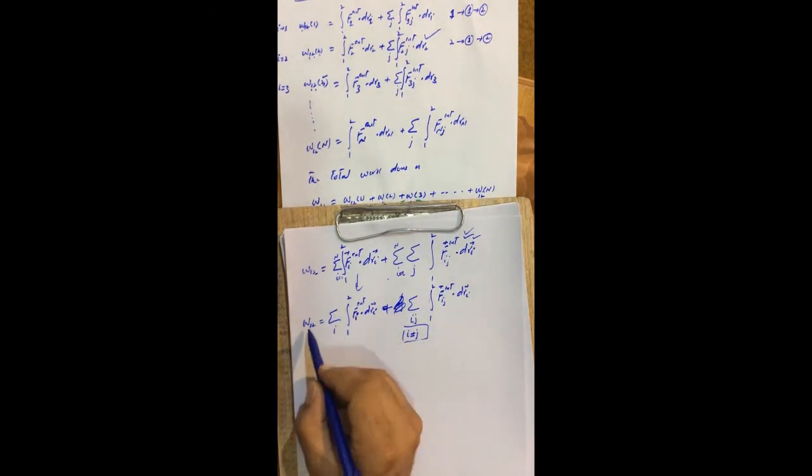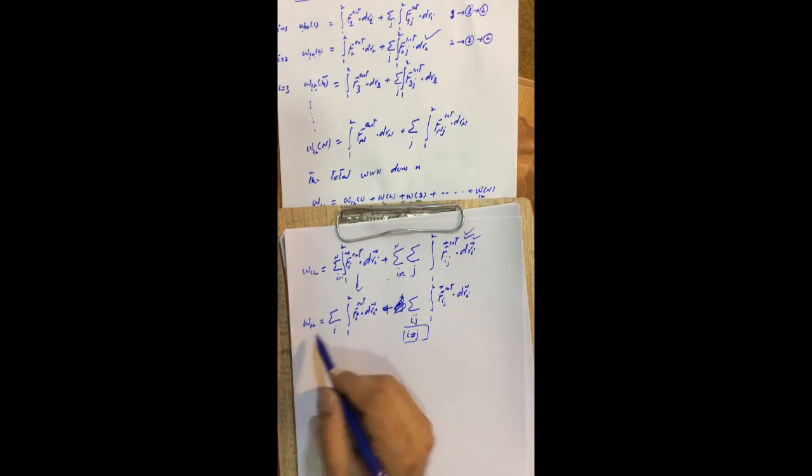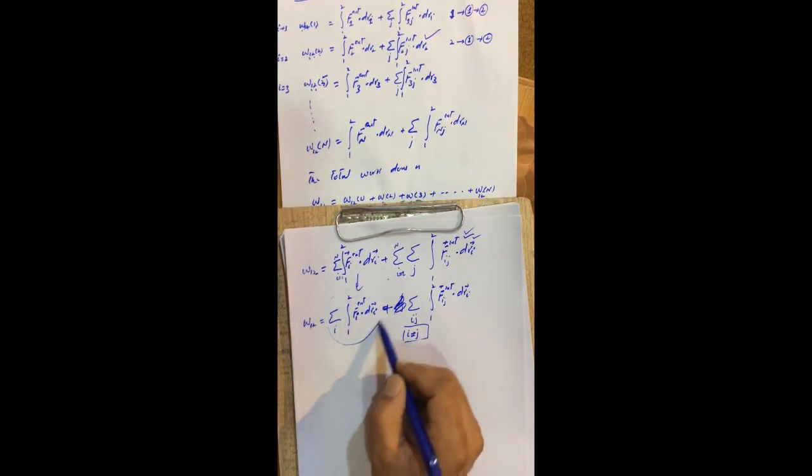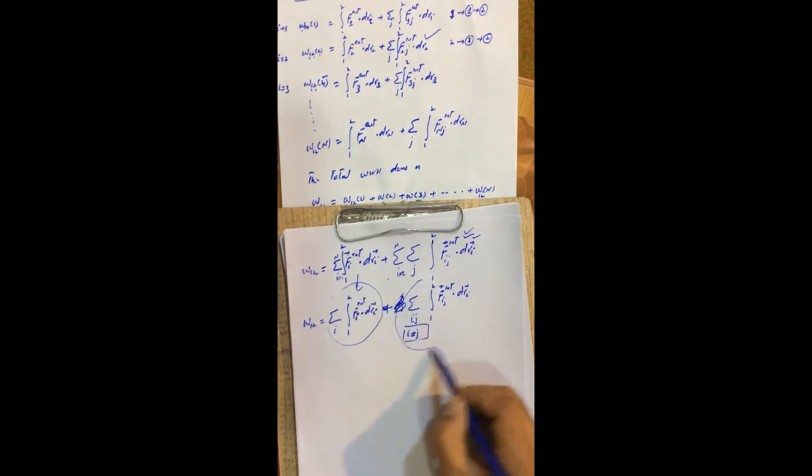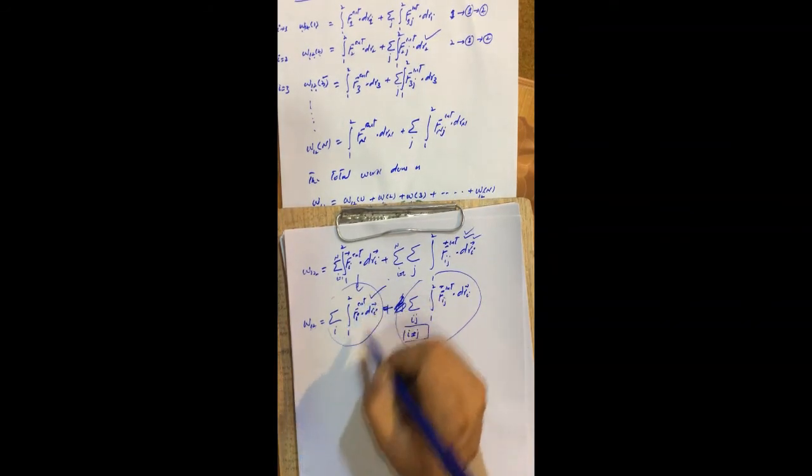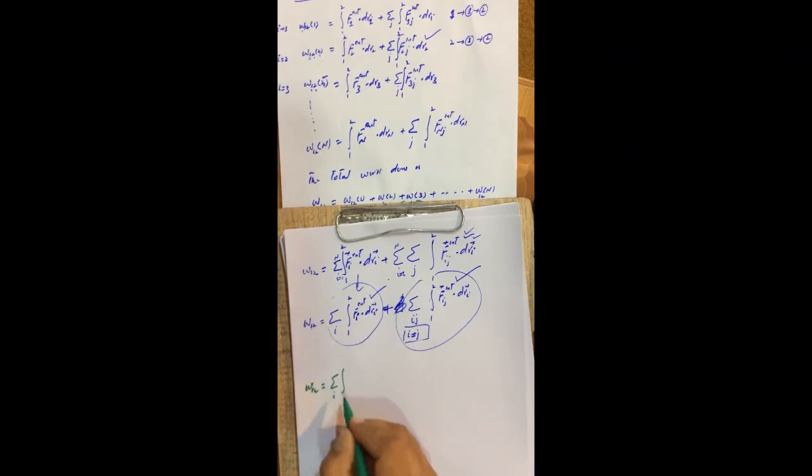Now this work done in moving the whole system from configuration 1 to 2 includes two terms. One is this one and the other term is this one. This term comes from the external forces and this term comes from the internal forces. So overall I can write my work done in moving the system from position 1 to 2, which is equal to the total force acting on the system. So the total force is Fi dot dri.